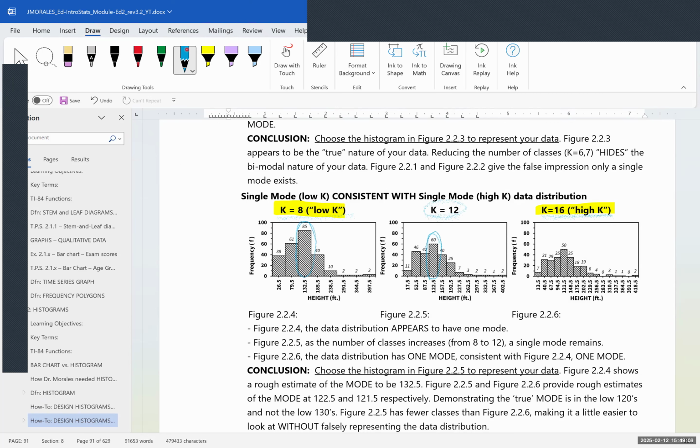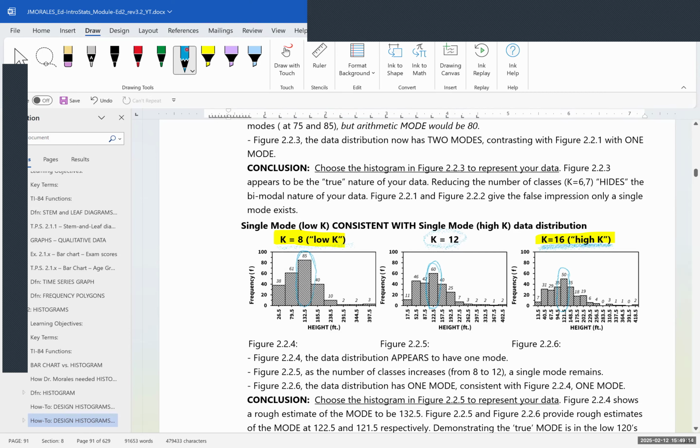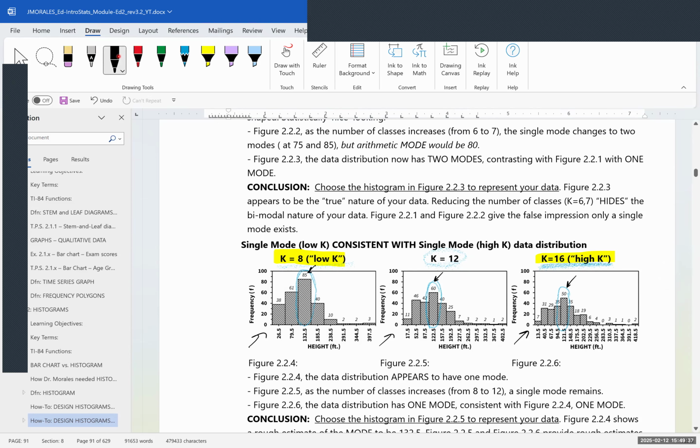And when we have the highest number of classes, again, we have a single mode. So no matter how many classes we have, the data still seems to indicate we have a single mode here. And so, it would perhaps not make much of a difference to choose any one of these three to represent your data. But you would only know that by creating multiple histograms.